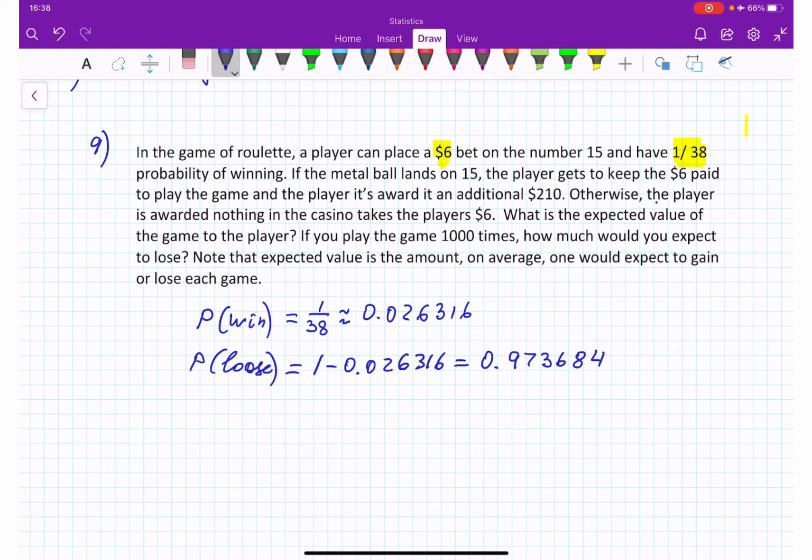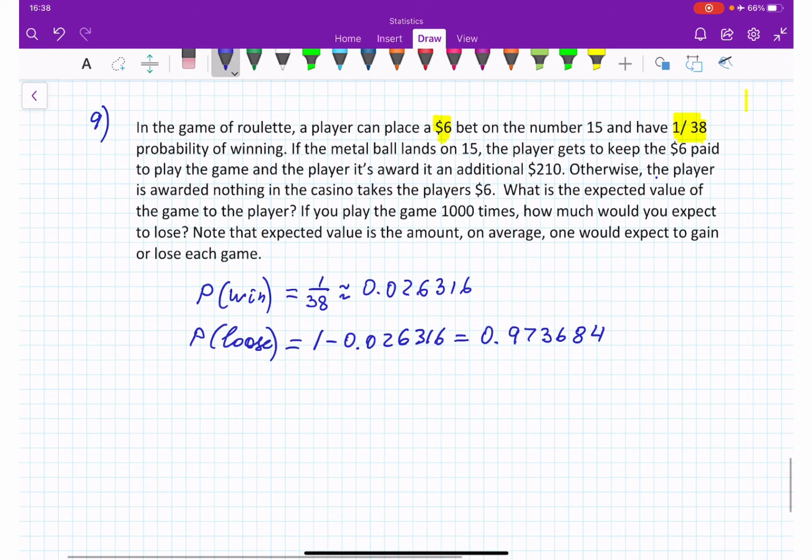If the metal ball lands on 15, then the player gets to keep the $6 paid to play the game, and the player is awarded an additional $210. So X of win is $210.